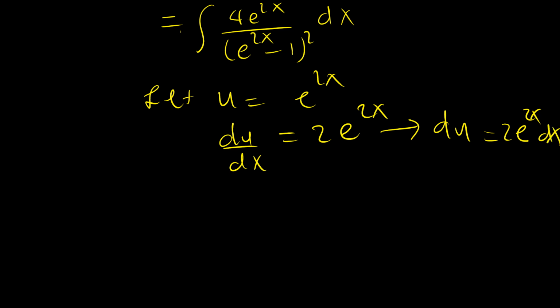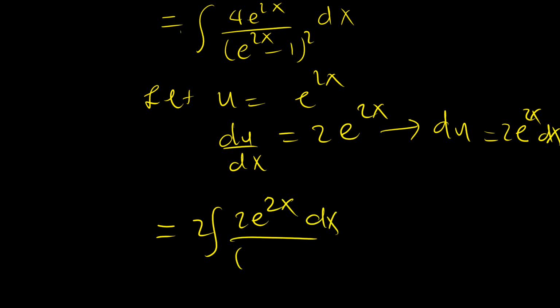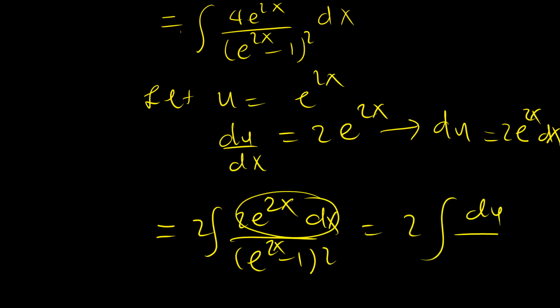Which means our integral now becomes 2e to the power 2x dx over (e to the power 2x minus 1) squared, which is twice du over (u minus 1) squared.